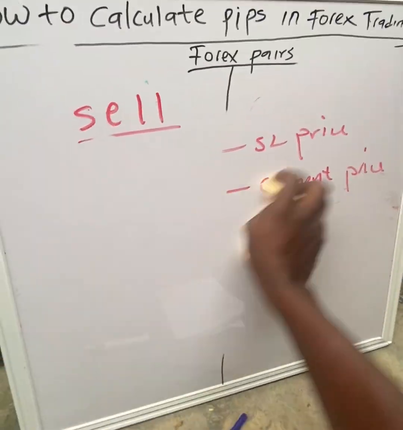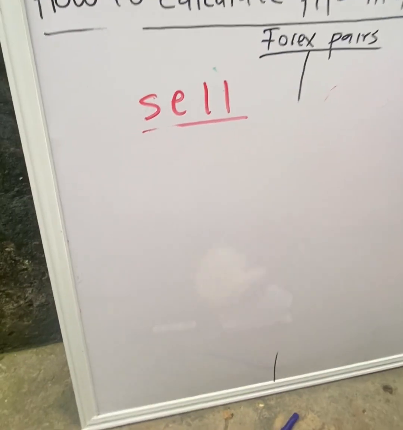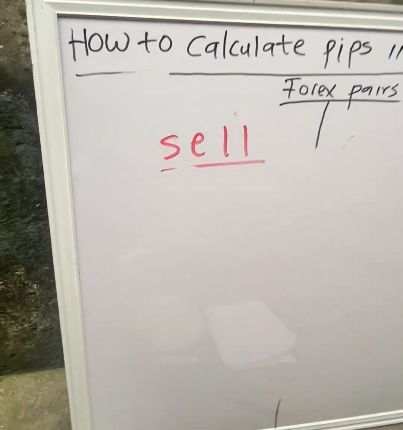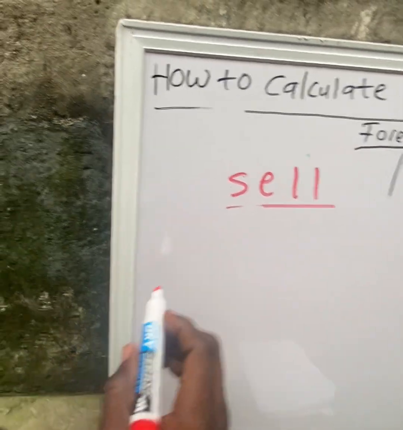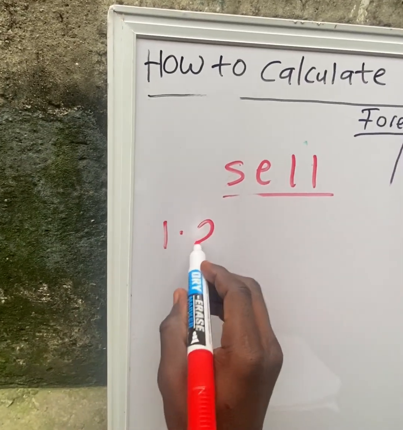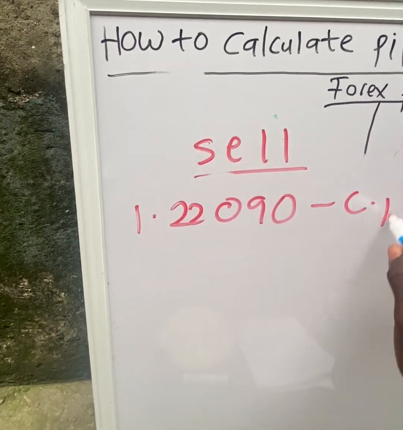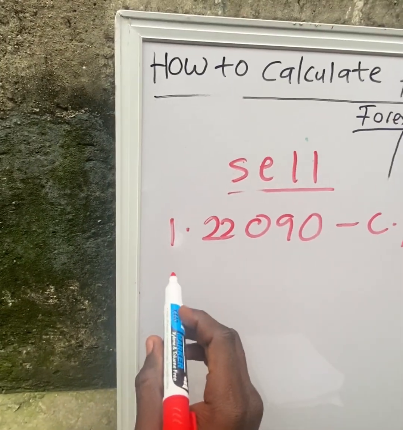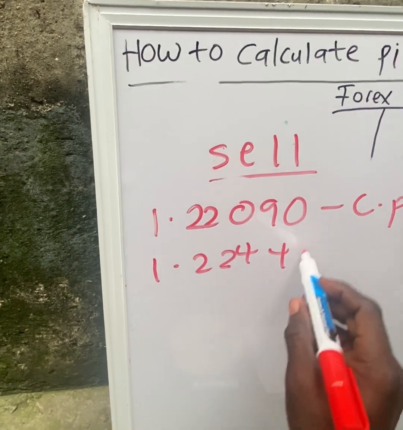So let's do one more example using GBPUSD. We have the current market price as 1.22090. We have the stop loss price as 1.22445.